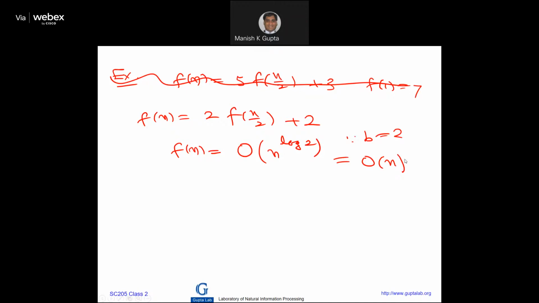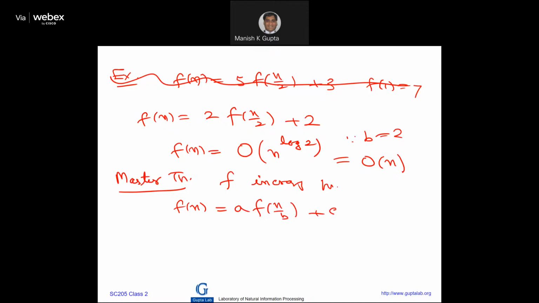I'm going to mention the most general theorem, which is known as the master theorem. f is an increasing function, and the recurrence relation is f of n is equal to a times f of n by b plus c times n raised to power d.